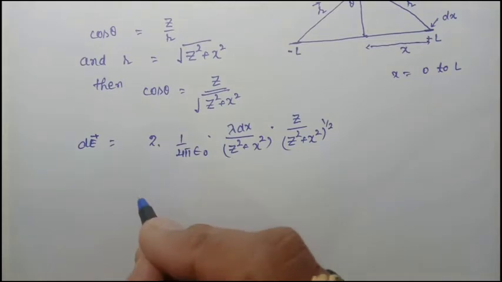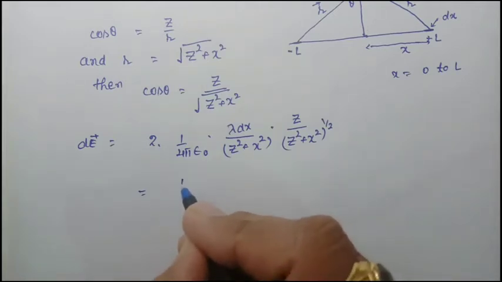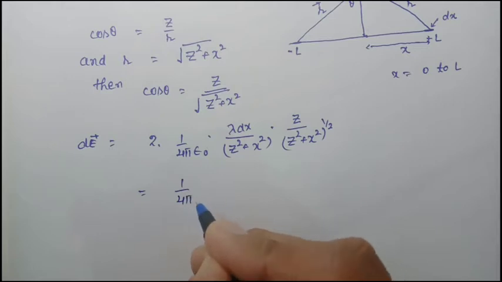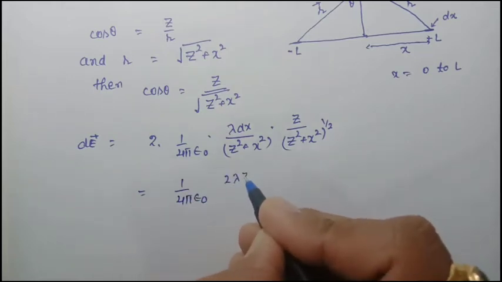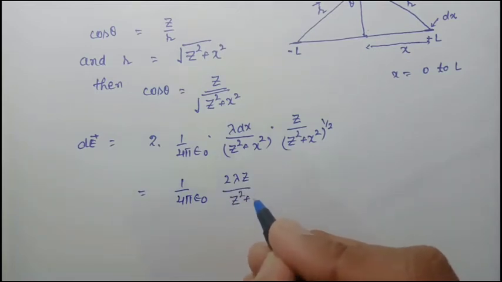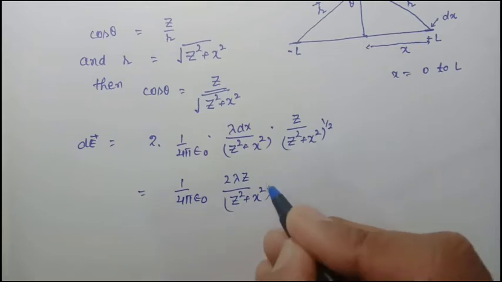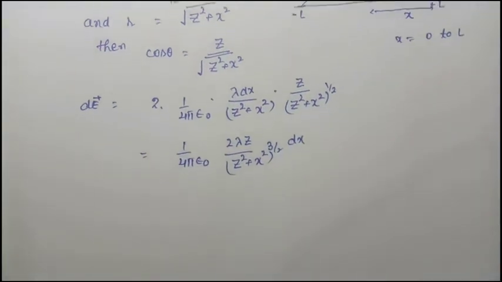Or we can write 1 over 4 pi epsilon naught into 2 lambda z over z square plus x square to the power 3 by 2, dx.